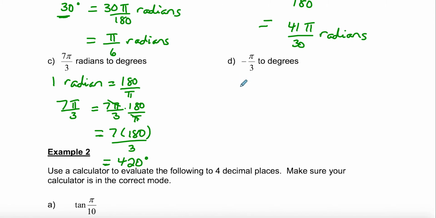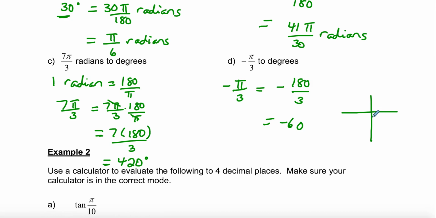Negative pi over 3 radians. If we had negative pi over 3, that is the same thing as, we're going to just replace the pi with 180 degrees. So we get negative 60. And that might make sense as well. We'll do more with this unit circle during our next lesson, but I'm trying to make this make a little bit of sense to you.